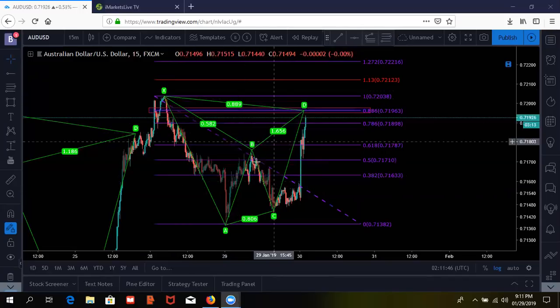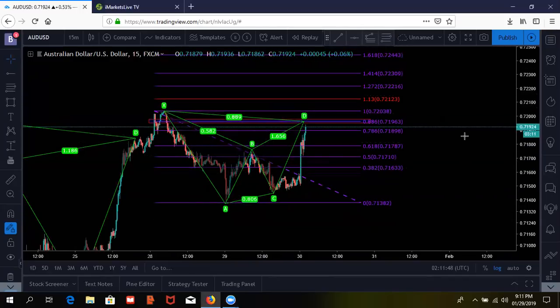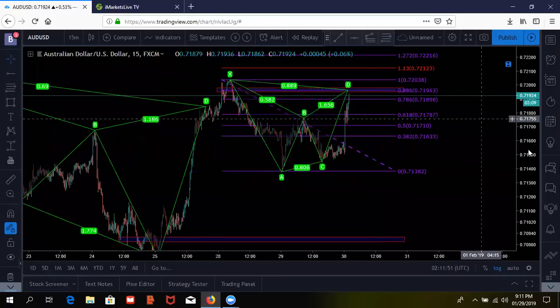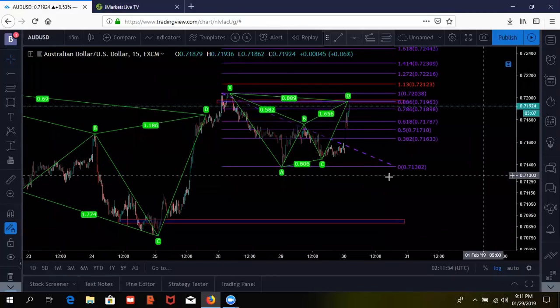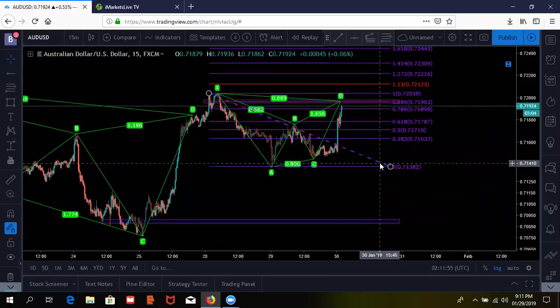This is the bat pattern right here. And let me delete this.